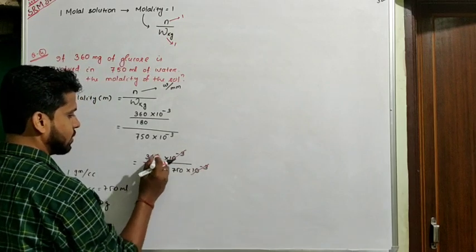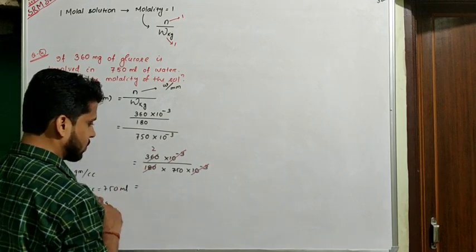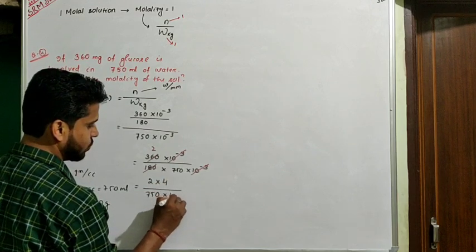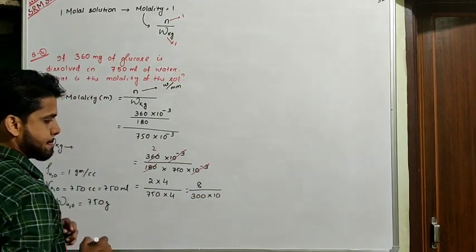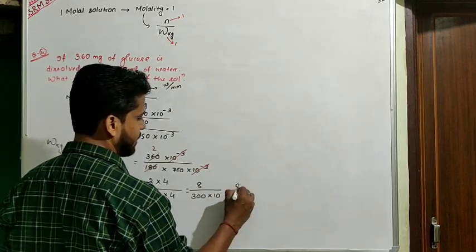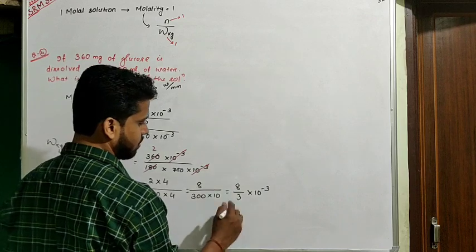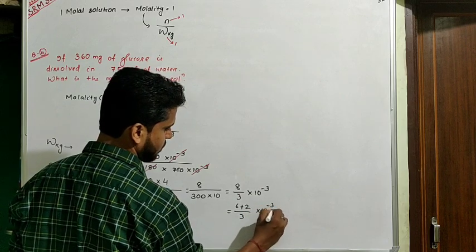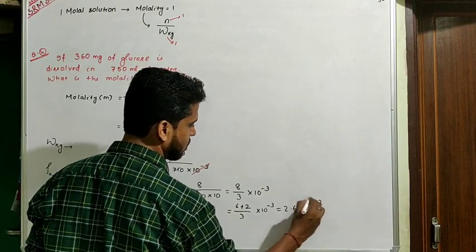Cancelling 2, that equals 2 into 4 over 750 into 4, which is 8 by 300 into 10, that is 8 by 3 into 10 to the power minus 3. 8 by 3 means 6 plus 2 by 3, that equals 2.66 into 10 to the power minus 3.